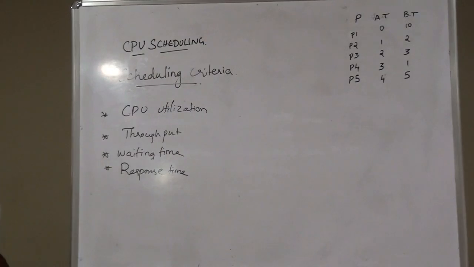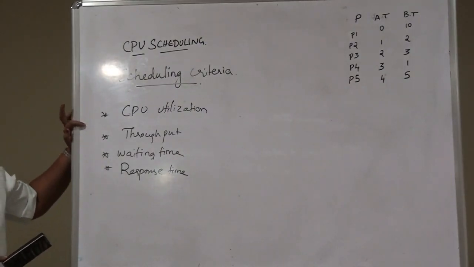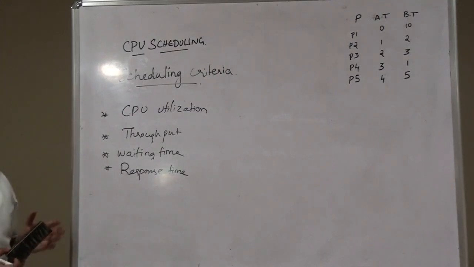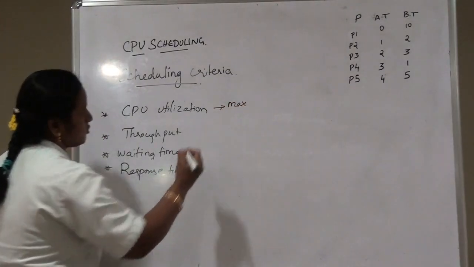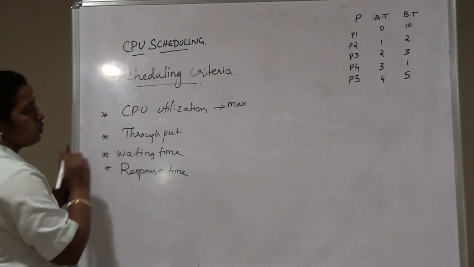So these are the four criteria which are considered. CPU utilization is how much of the CPU's resources you can allocate to processes, and it must always be maximum. Next is throughput.